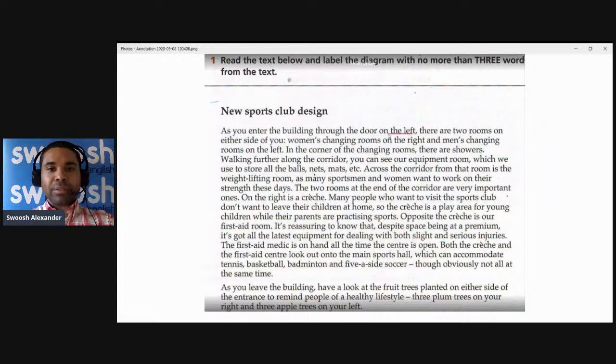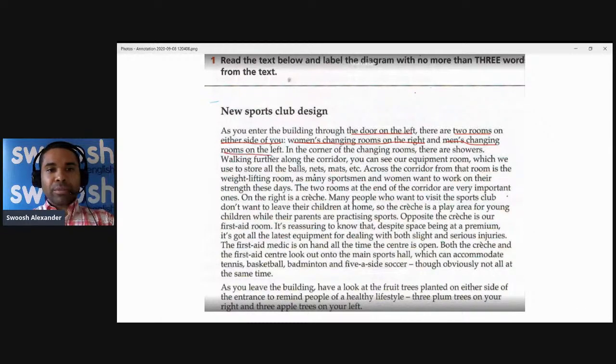It's on the left. There are two rooms on either side of you. Okay, so either side in this context, on both sides of you. So the women's changing rooms on the right and the men's changing rooms on the left.